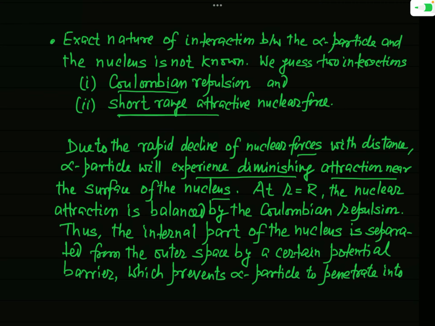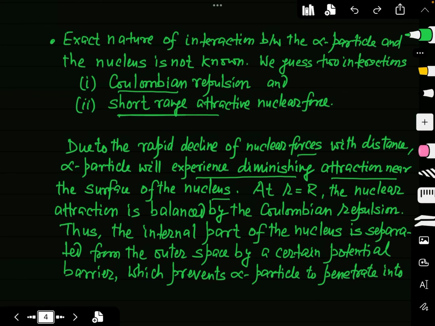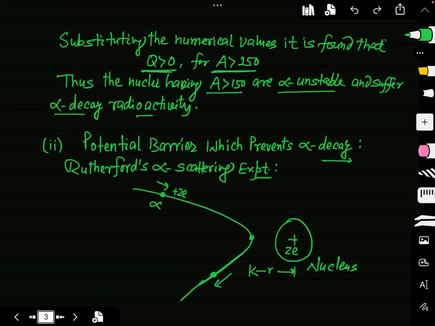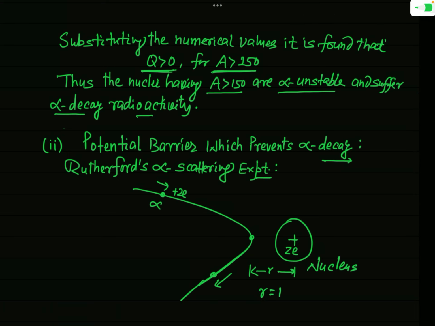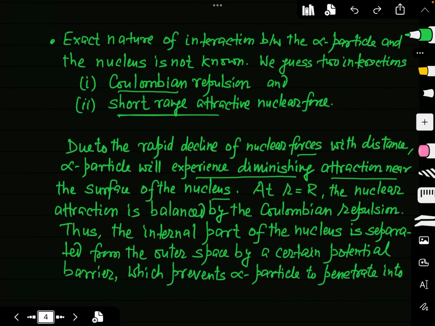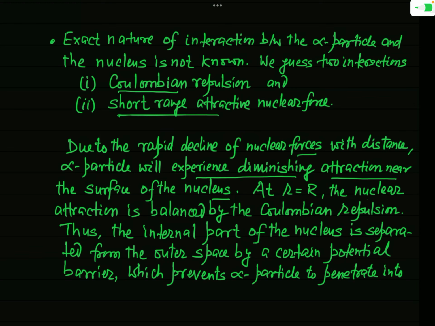In fact, when the alpha particle and the nucleus are at a separation r, you can guess that these two forces will act. But when this r is equal to capital R, where capital R is the nuclear radius, in that condition the nuclear force and the force of repulsion between the alpha particle and the nucleus balance one another.